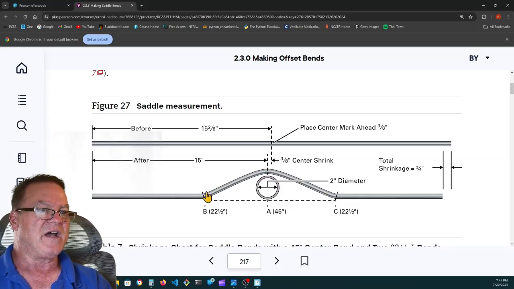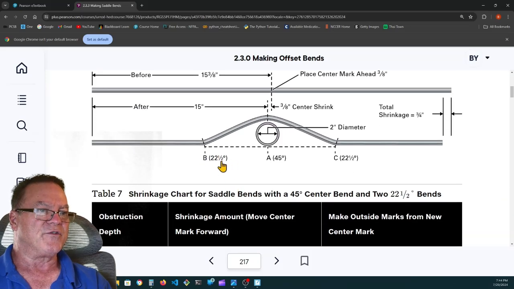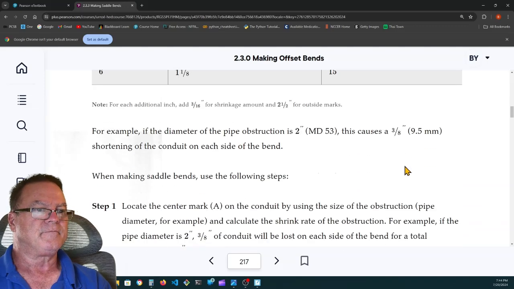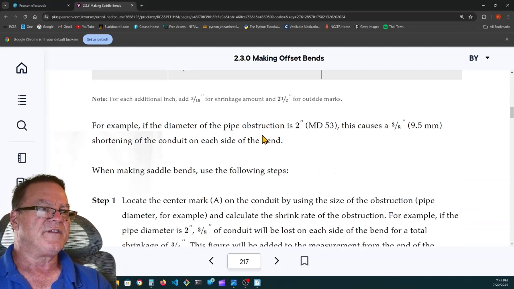And we'll take 3 times the multiplier or the shrink amount for 22.5 degrees. For example, if the diameter of the pipe obstruction is 2 inches, this causes a 3/8 inch shortening of the conduit on each side of the bend.